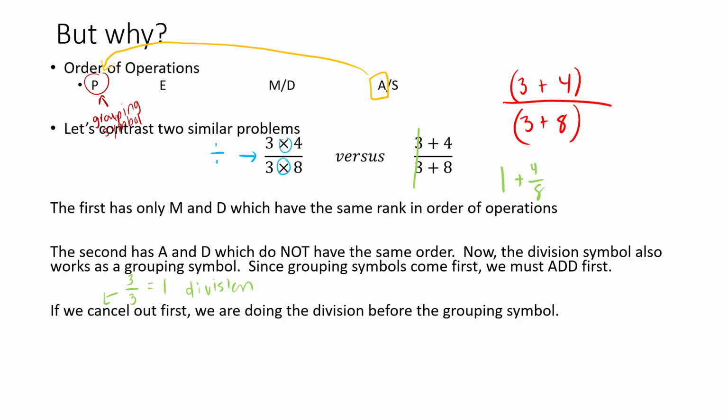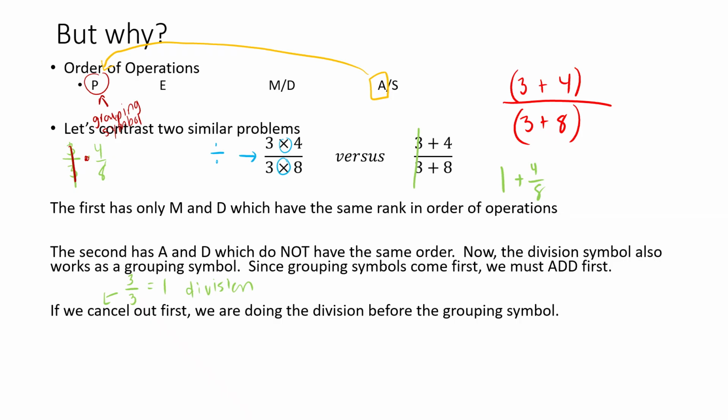If you look at the one on the left here, the reason why they are gone is because they cancel to a 1, and 1 times 4/8 would be 4/8. But that would not be true if it was 1 plus 4/8. Then the 1 is still there. You've got to do something with it.